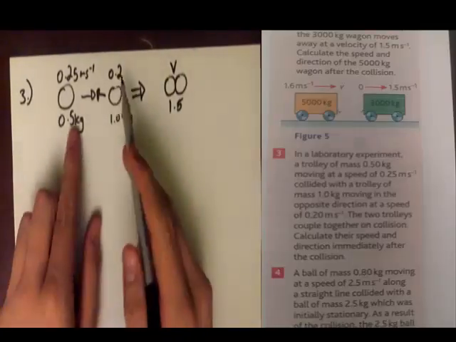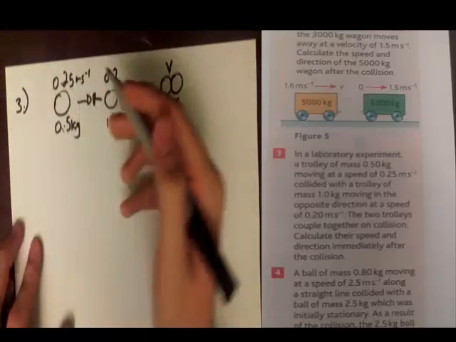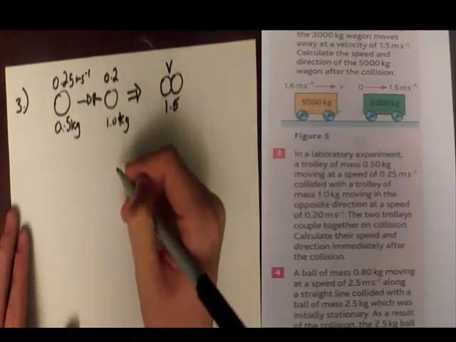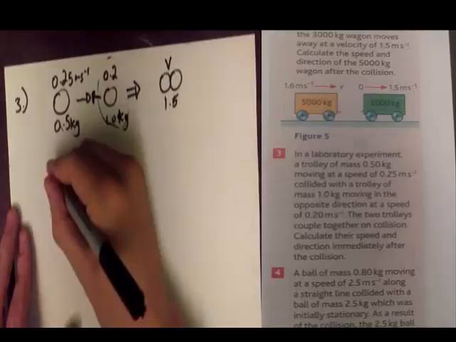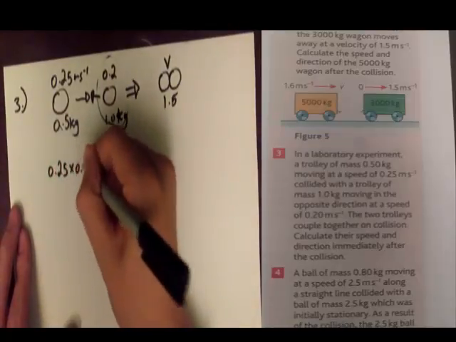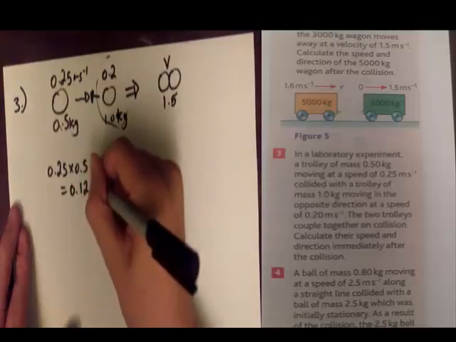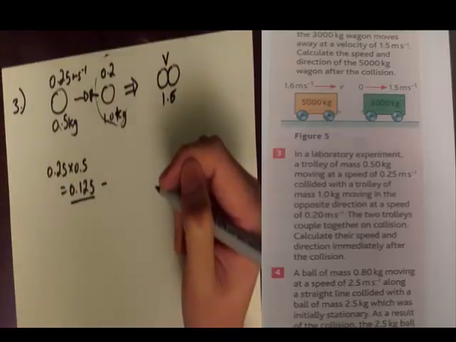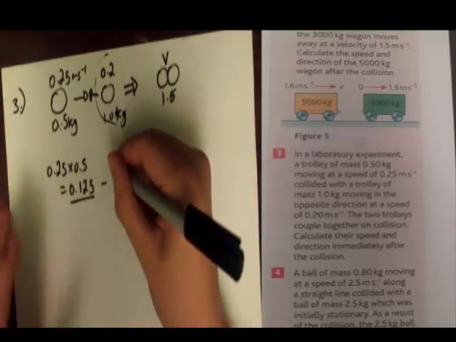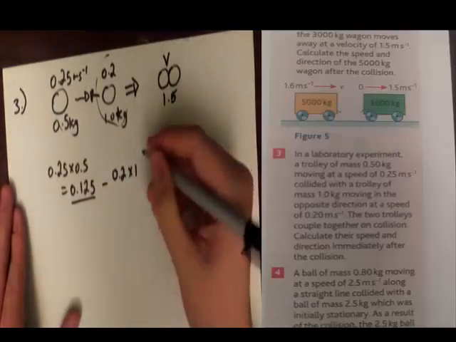Now in this case, because they're both coming together, we work out the momentum of this one and we take it away from the momentum of this one. So in this case we have 0.25 times 0.5, which gives us 0.125, and this one is going to be 0.2 multiplied by 1, which is obviously just 0.2.